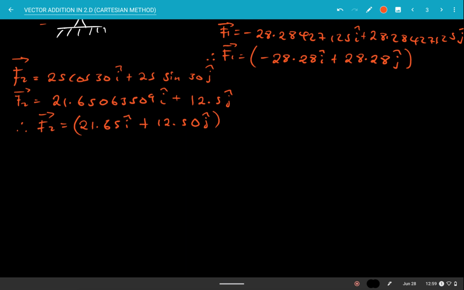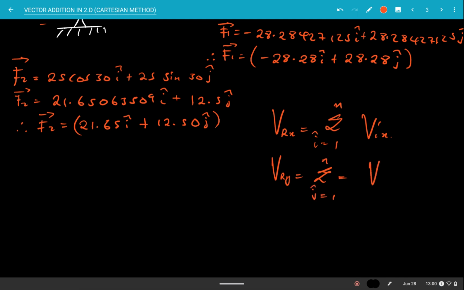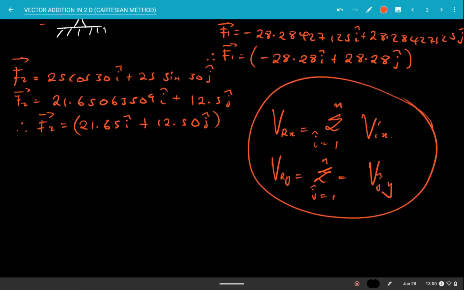With the scalar approach, the resultant in the X will always be the sum of all the I components, from 1 up to some number N. Then the resultant in the Y will be the sum of the J components.